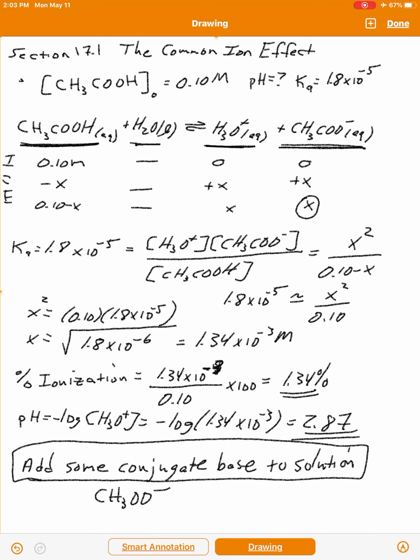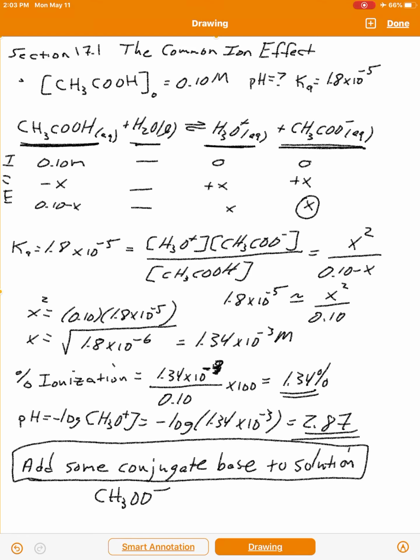If you add that, think of Le Chatelier's principle. If you have a system at equilibrium and you take it out of equilibrium by adding something, what happens?